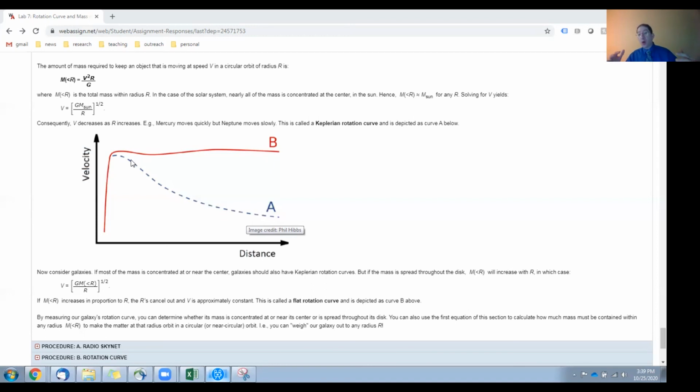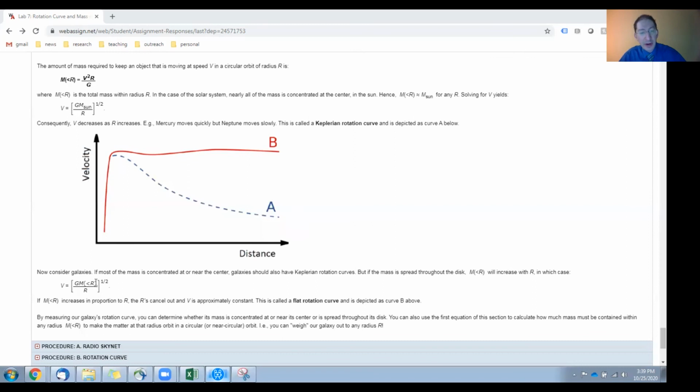Now, this is not the only distribution of mass you can have. In many galaxies, the mass is not concentrated at the center, but instead spread throughout the disk. If you go twice as far out, you've enclosed twice as much mass. If you go 3 times as far out, you enclose 3 times as much mass. In this case, the enclosed mass is proportional to your distance from the center.